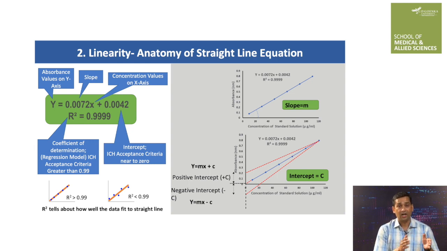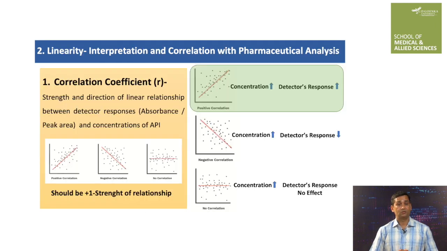If all the data are aligned in a straight line, r square will be greater than 0.99. If the data are scattered and not in a straight line, then r square will be less than 0.99, which is not acceptable as per ICH guidelines. In the coming 3 to 4 slides, I will explain interpretation of linearity and its correlation with pharmaceutical analysis.